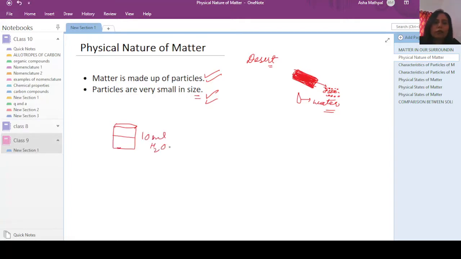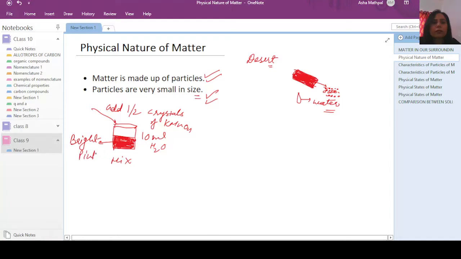To it add 1 or 2 crystals of potassium permanganate, KMnO4, and mix it. You will be seeing that it will get a very bright purple color, or a very magenta color, you can say. A bright pink, magenta kind of pink color will be there.